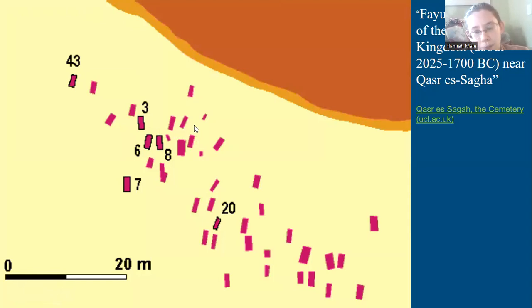It is a map from Digital Egypt that is showing you some of the Middle Kingdom burials that have been found in the Fayum or near the Fayum site of Qasr as-Saqa. So this is where I think the desert is, and this is that cultivatable land, and this might be the Nile.